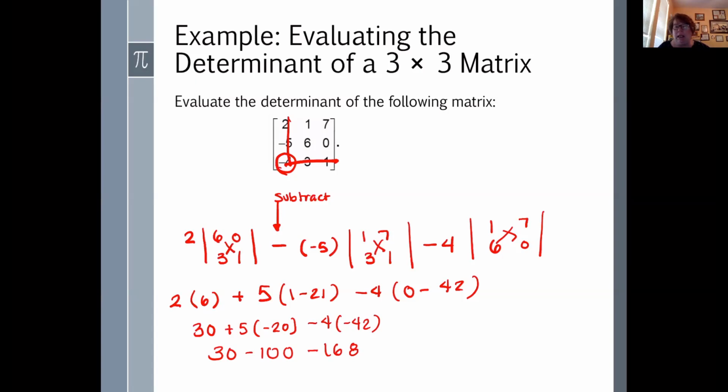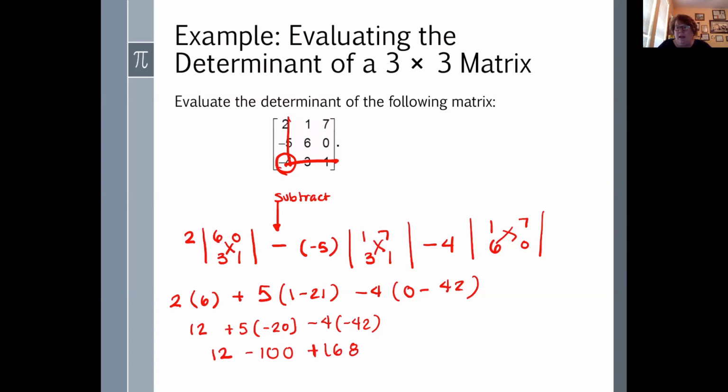Someone out there is now yelling, but 2 times 6 is 12. And it is. So let me correct my mistake. 2 times 6 is 12. I don't know where the 30 came from. All right, so now 12 minus 100 minus 168, and I have another error somewhere here. That better be plus 168.